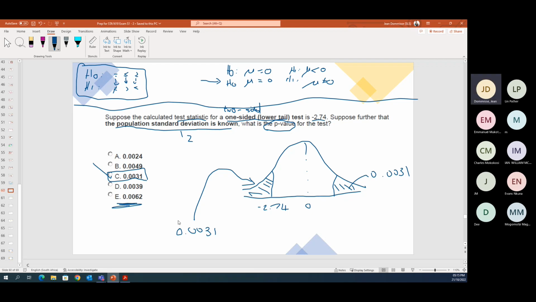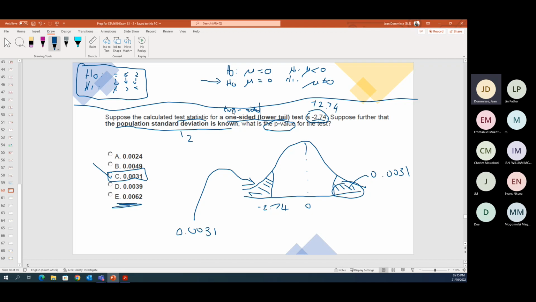So again, it might be in your exams that in one question set they asked it for the one-sided, and in the second question set they asked it for the two-sided. If that was plus 2.74, it would still be for a one-sided upper tail test, it will still be that.